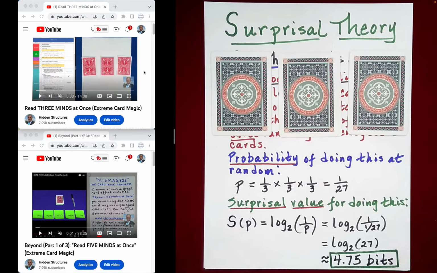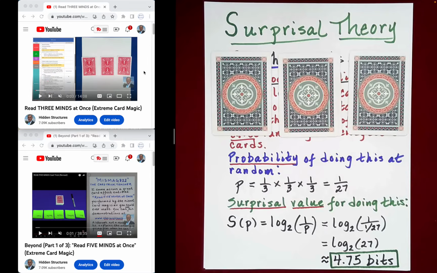And so the interpretation that we gave earlier in the series, and it does in fact apply here, is the following. The surprisal, or degree of surprise, associated with me correctly guessing the identity of all 3 freely chosen spectator cards, is the same degree of surprise one would experience in tossing 5 fair coins high up into the air, and while the coins are in the air, you call heads on all of them.